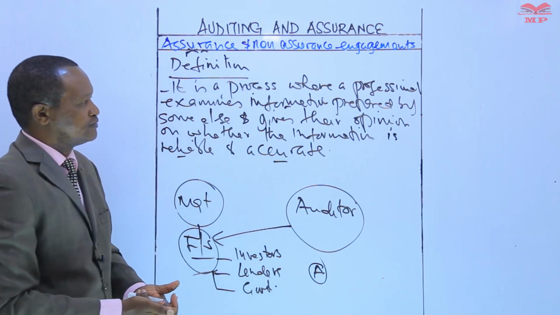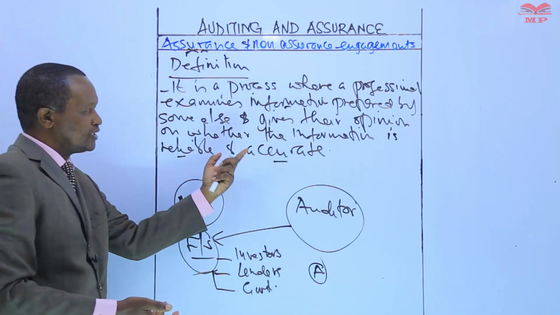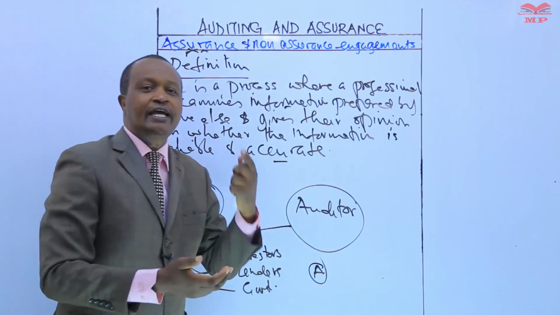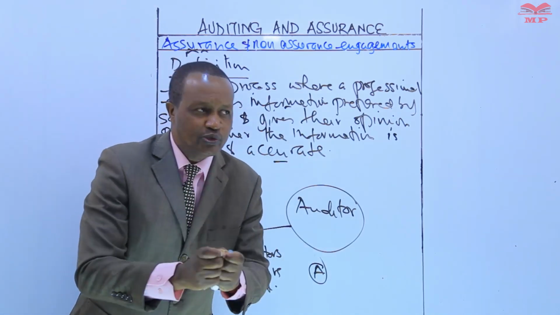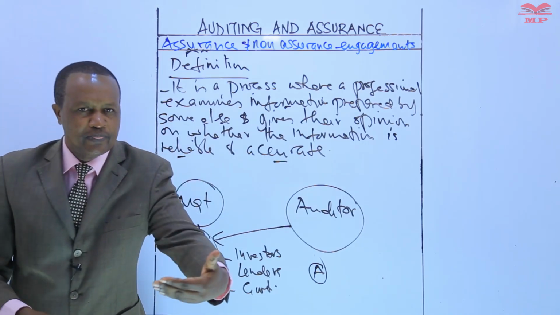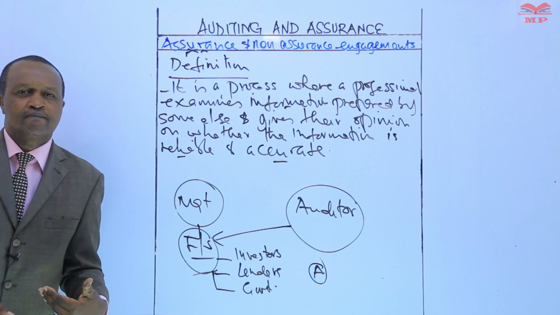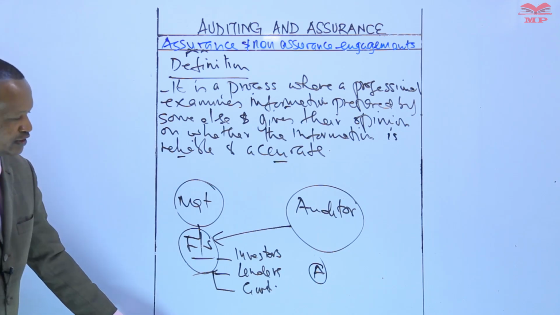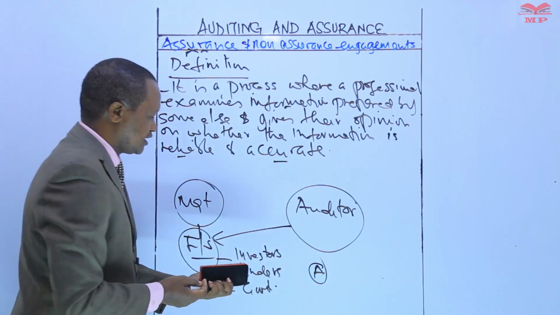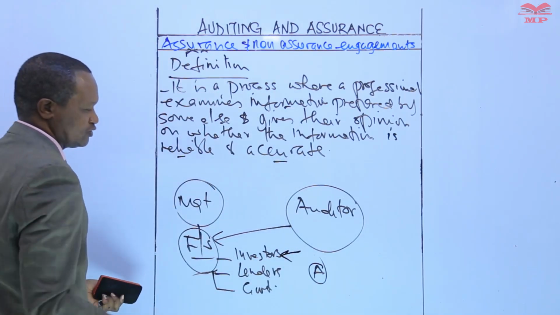Do you understand? So the professional gives their opinion on whether the information is reliable and accurate. And this opinion helps users of the information make informed decisions. Okay? It could be an investor who wants to make a decision as to whether to buy shares of the company.